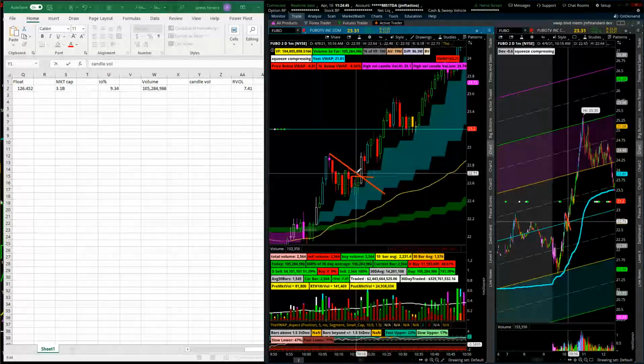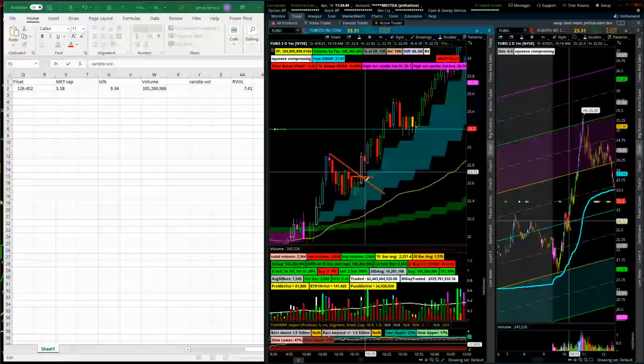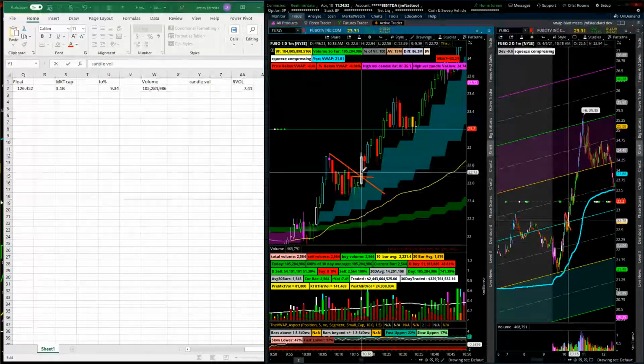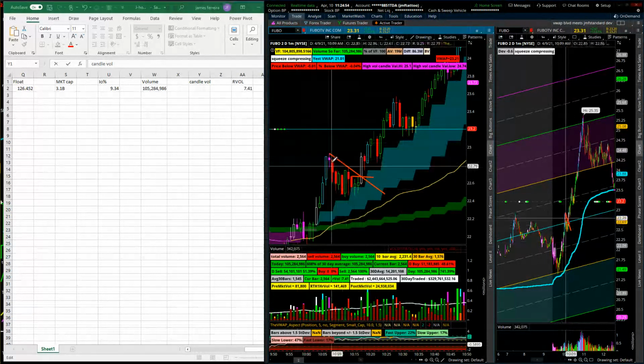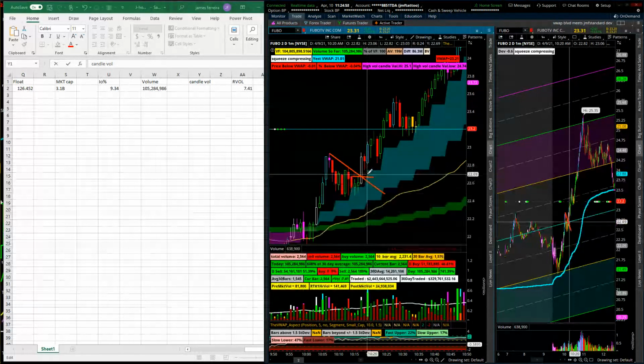Okay, so yeah, that could be a rule. I want to only enter on trigger bars, which are my white and cyan candles, which are 1.5 to 2 times the volume per the last 20 or 60 candles, whatever the user has it set.